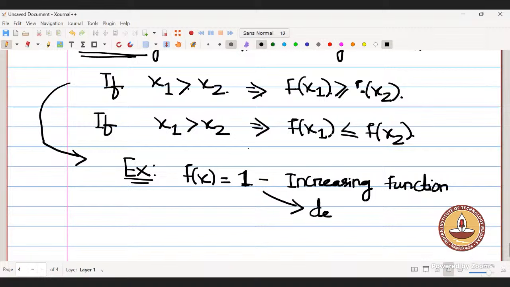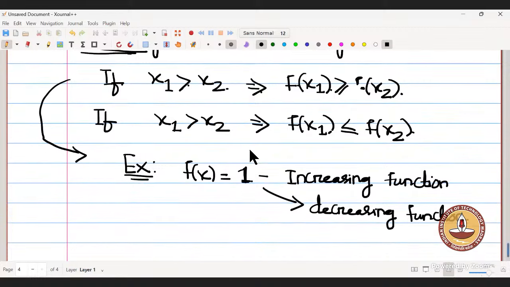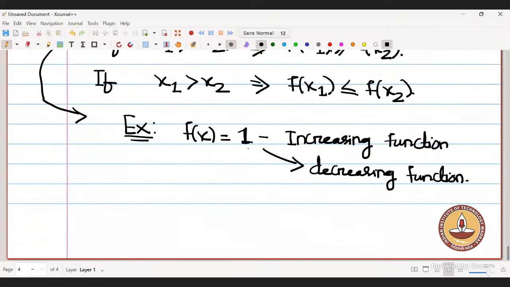But this constant function is neither strictly increasing nor strictly decreasing.